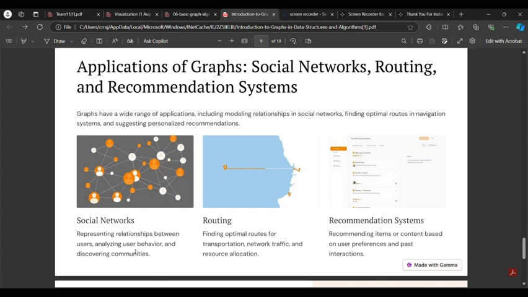Recommendation systems recommend items or content based on user preferences and past interactions.